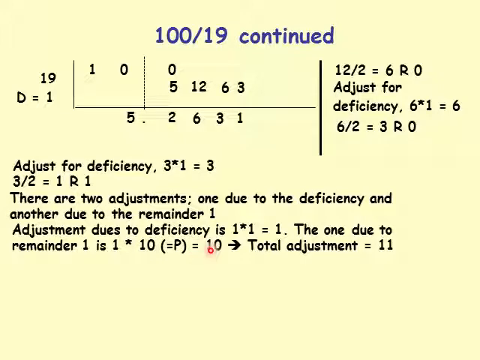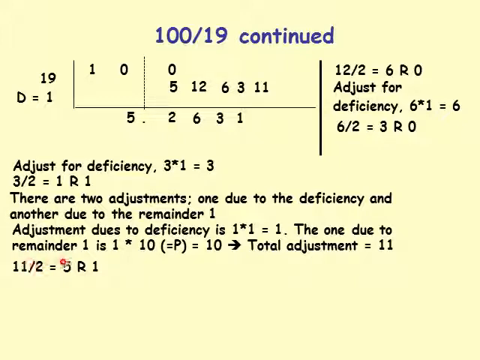That is my effective remainder at this position, and the total adjustment is 1 plus 10 equals 11. We need to add 11 to the next dividend position. I have 11 in this column for the dividend, so I divide by 2, my second division.